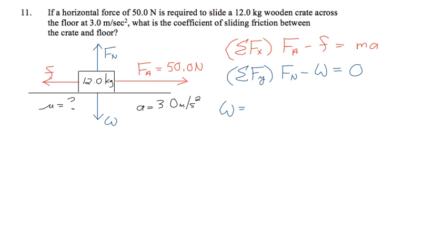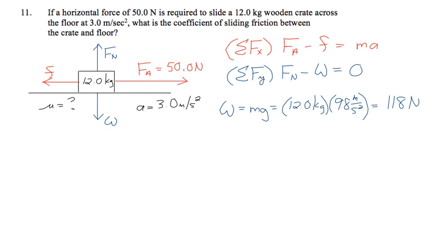And if I could give you 3 of them, you could solve for the other 4, but any one of those 7 variables in this problem could be the unknown, including M, including W. So W equals mg. And that's going to be 12 kilograms times 9.8 meters per second squared. And that's going to equal what? 118? Okay, 118.